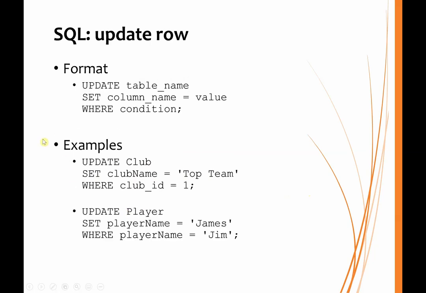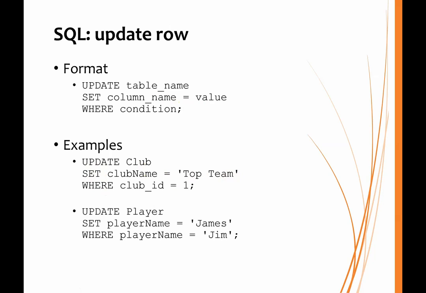If we want to update a table, that is update a row within the table, then we will update, give the table name, and then set whatever the column name is equal to the new value. So if we update club, set club name equal to top team, if that's all we had, if we did not have this where clause, then those two lines on their own will cause every single row to be changed so that the club name becomes top team.